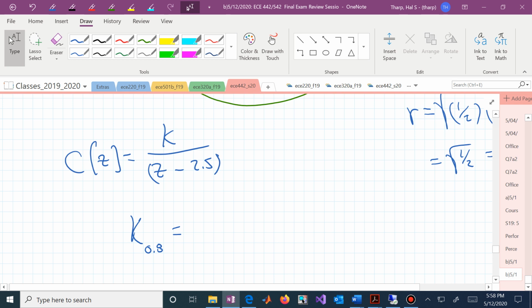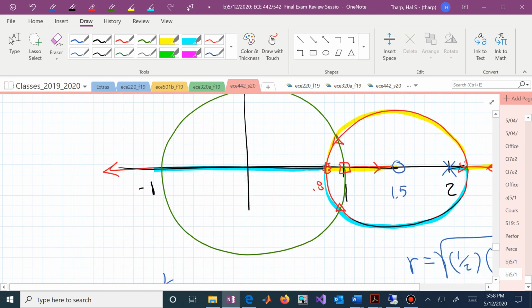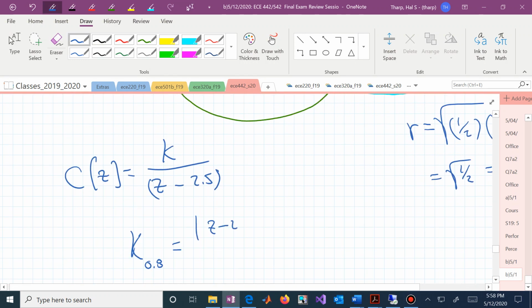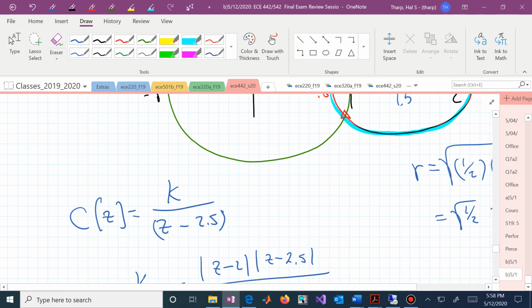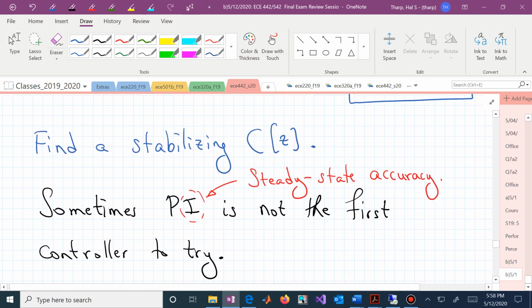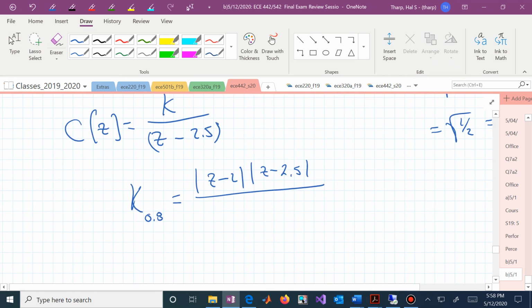But k at 0.8, we would find, what did we start with? We had a pole at 2. We had another pole that we introduced in our controller at 2.5. We had a 0 at 1.5, and our gain of our system was 2.